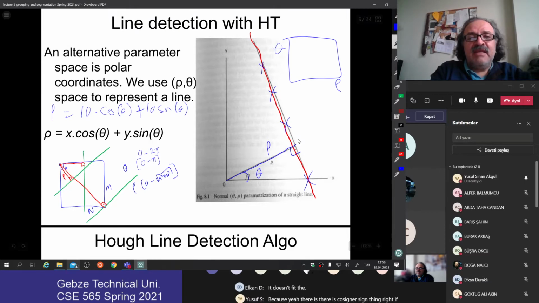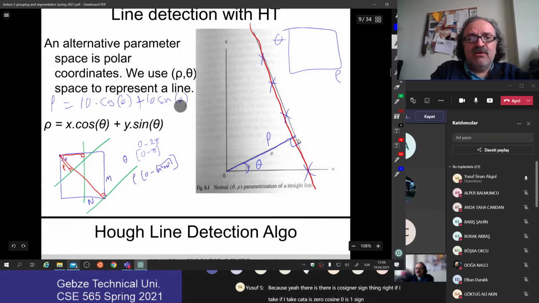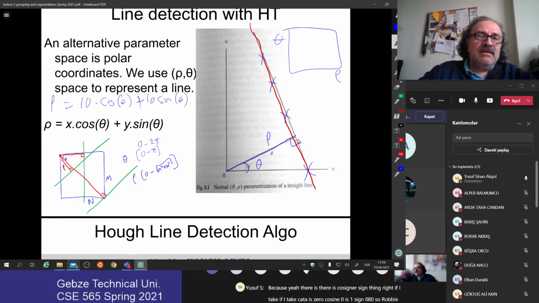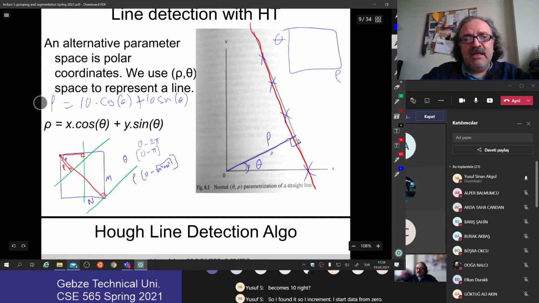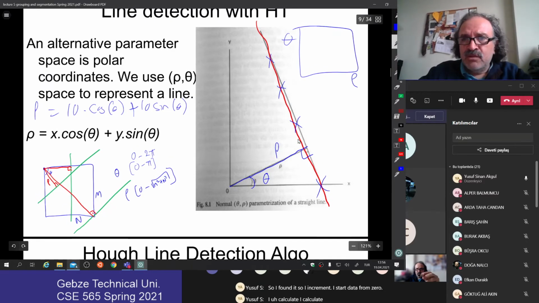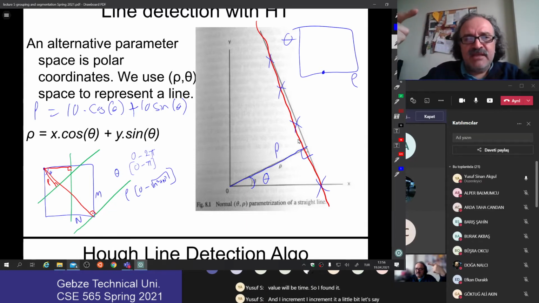If I take theta as 0, cosine 0 is 1, sine 0 is 0, so rho becomes 10, right? So I start theta from 0 and calculate rho. When theta is 0, the rho value will be 10, so I found it. And I increment theta a little bit. Let's say theta is 1 degree.